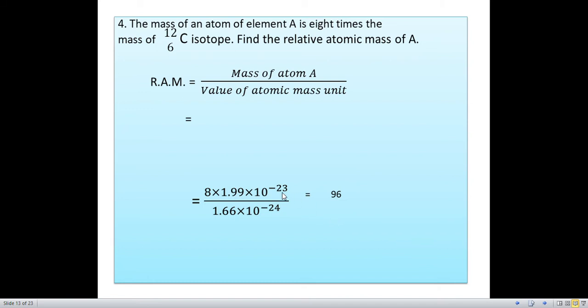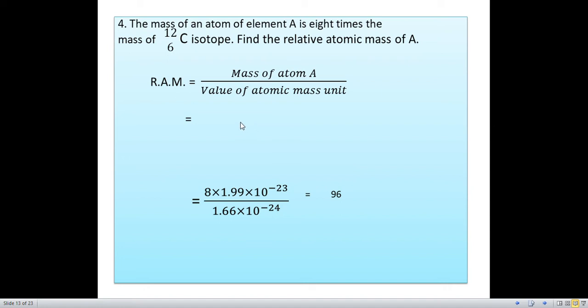Another example, this is in your textbook. The mass of an atom of element A is 8 times the mass of carbon isotope. Find the relative atomic mass of A. Relative atomic mass of atom A, you have to divide by the value of atomic mass unit. This is the first method to calculate it.